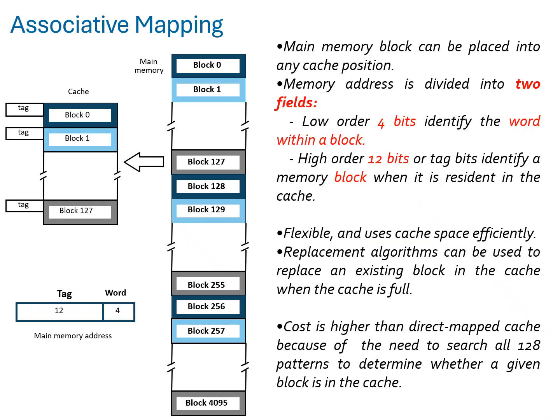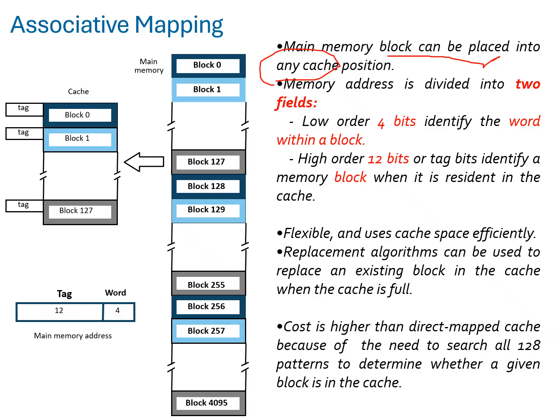But the problem with direct mapping is that sometimes blocks like 0 and 128 map to the same block, and the remaining blocks are not used. To avoid this we can go for associative mapping. Here a memory block can be placed in any cache position which is free.